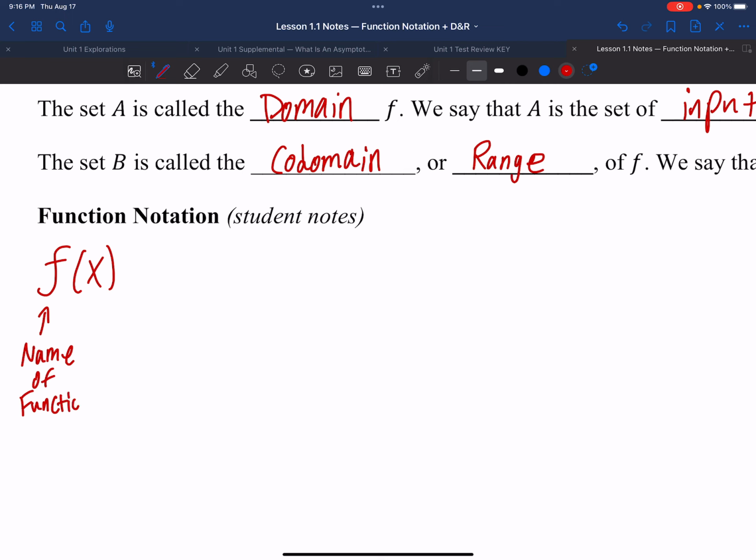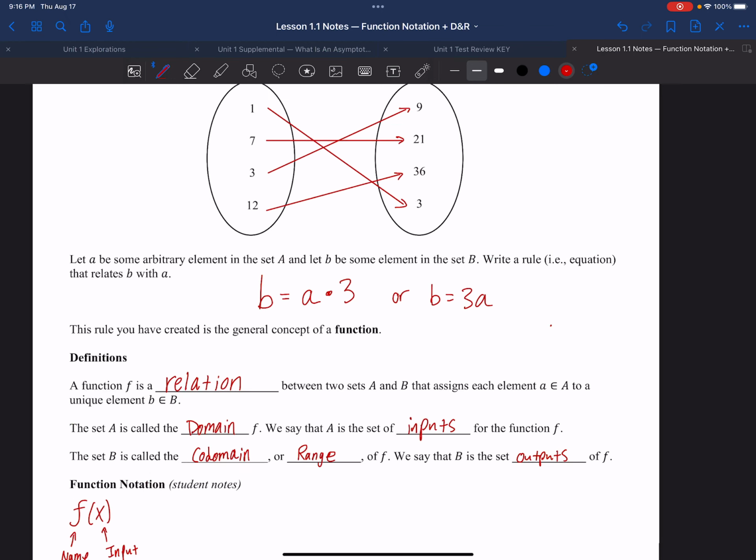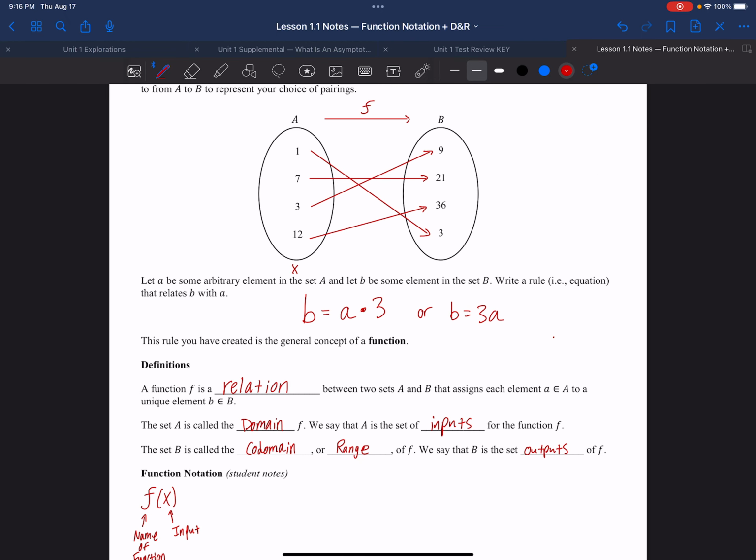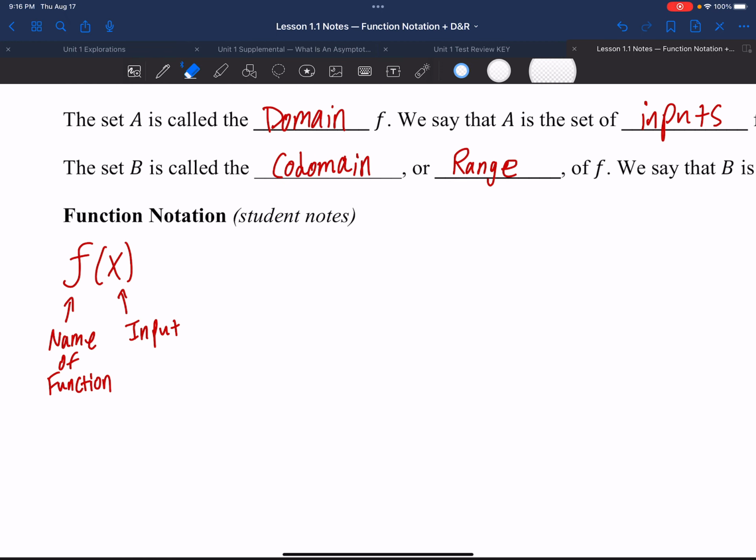You've given the function a name, f. x is the input into the function. Remember, the domain is the set of inputs, and usually x is the input and y is the output. But not always, and it doesn't have to be.